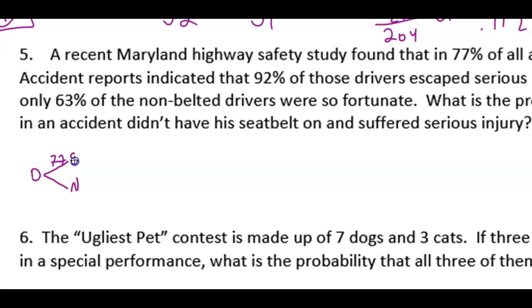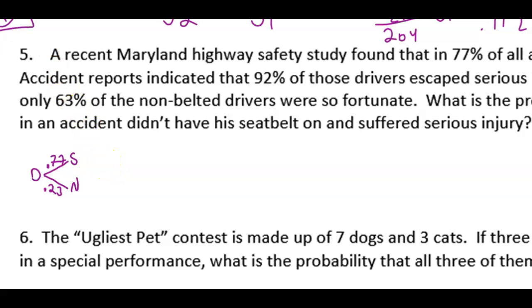Now that means every branch right here must equal 100%. So this is 77, this must be 23. So I want 0.77 and 0.23.